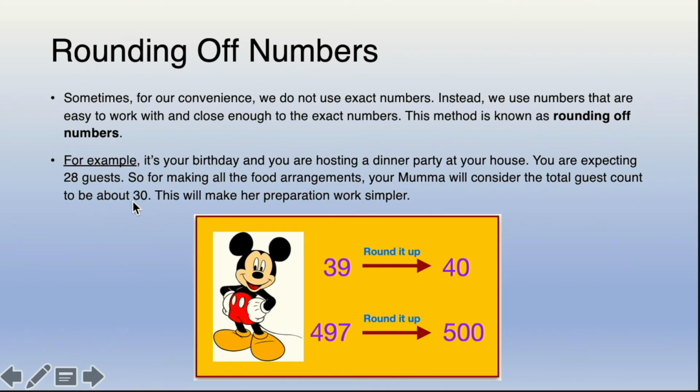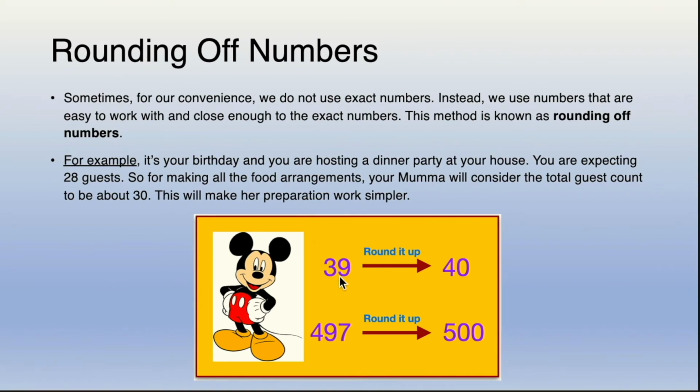See, over here the number 30 is near to the exact count, that is 28. The number 30 means 3 tens, and this number is easier to work with rather than this number. So this will make her preparation work simpler, easier.